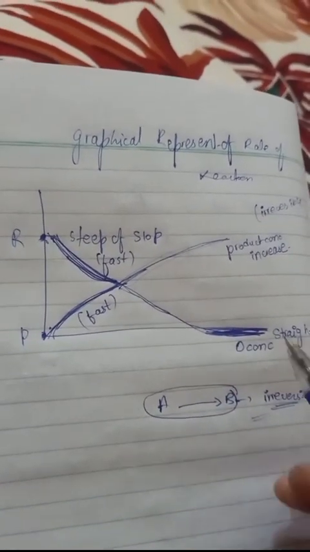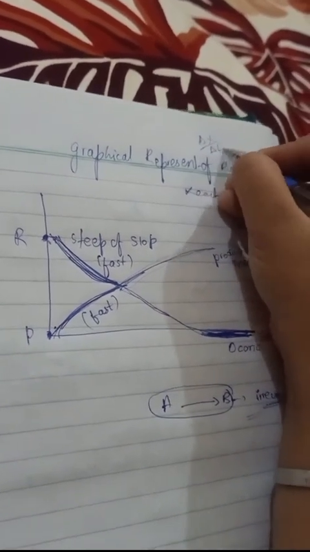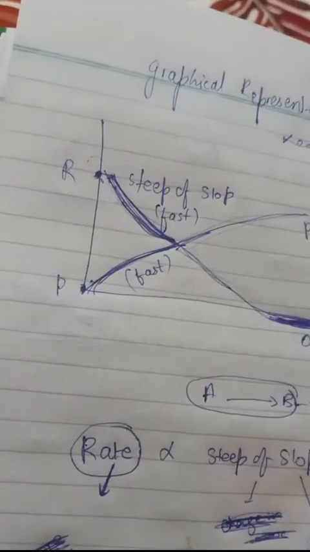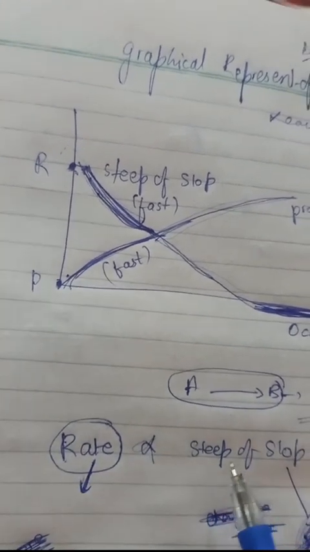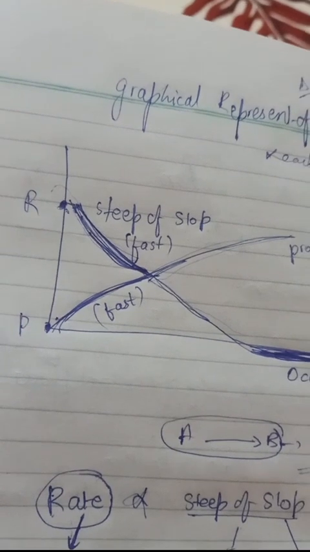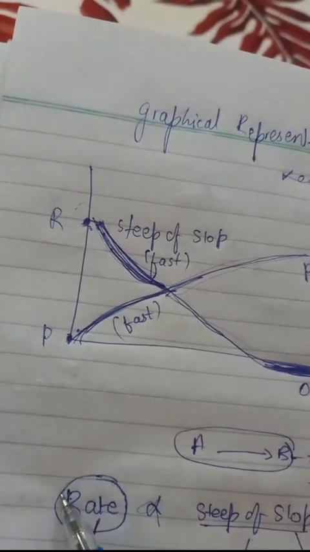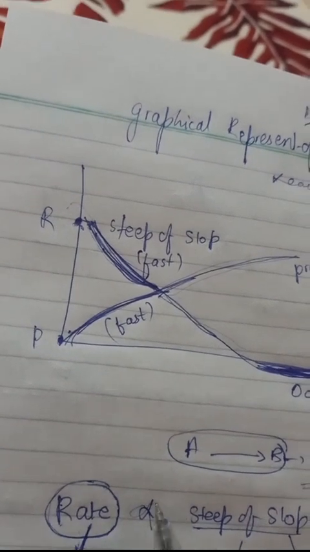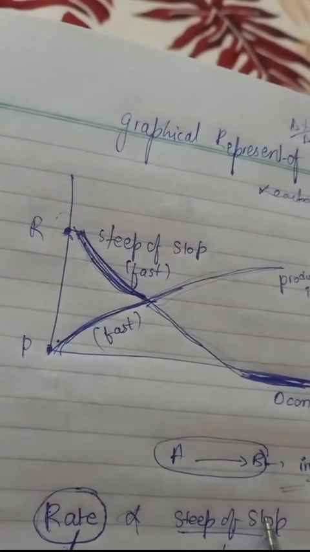All right, so as you all know, the rate is the change of concentration with respect to time. Here we can write that rate is directly proportional to the steepness of slope, which means that if the rate is increased, the steepness of slope will increase. If it decreases, the steepness will also decrease.